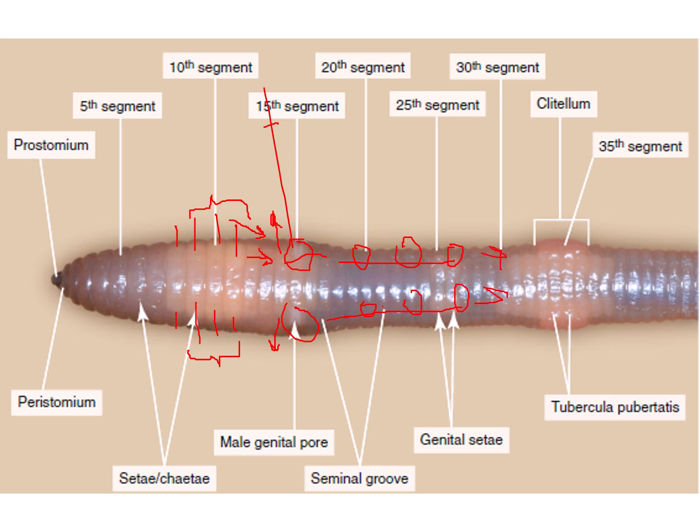For copulation, the animals arrange their bodies such that the male genital pore of one individual gets aligned to the spermatheca of another individual, so that the sperm from this individual could get stored in the spermatheca of another earthworm.